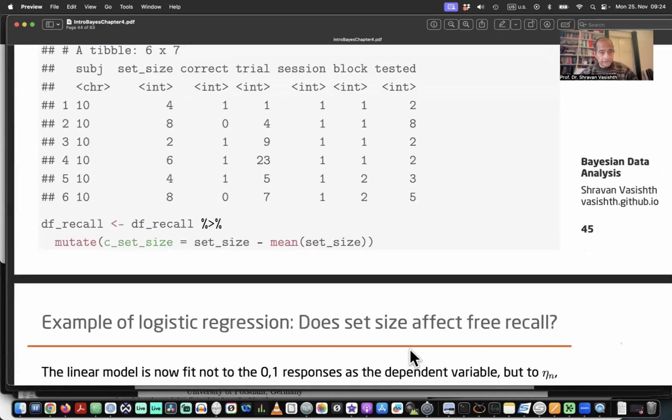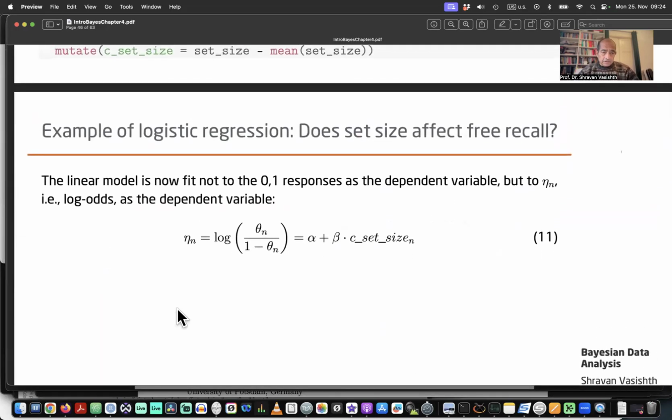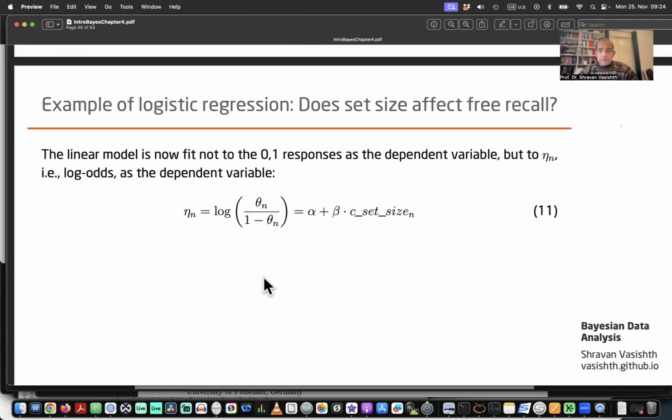That's the whole point here. The advantage of doing this is that we are now in a situation very similar to our standard linear modeling framework because we are working in an unconstrained space. The log odds goes from minus infinity to plus infinity. The simple linear modeling framework would have to be abandoned if we worked in a constrained probability space where the values can only range between 0 and 1.